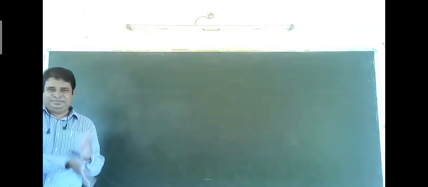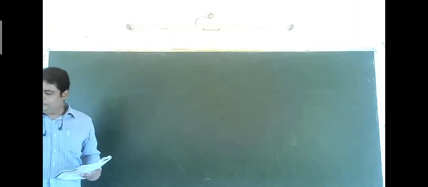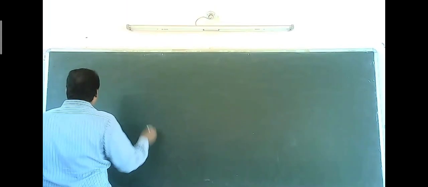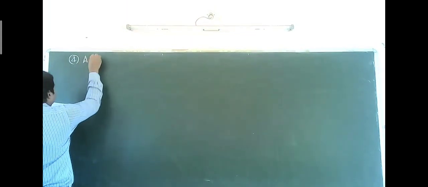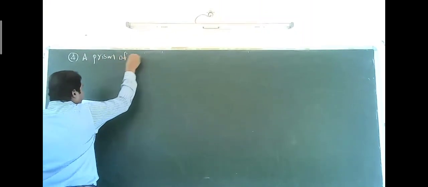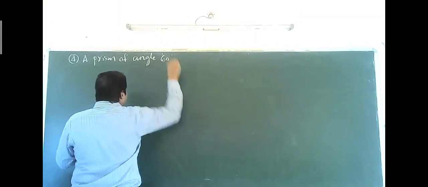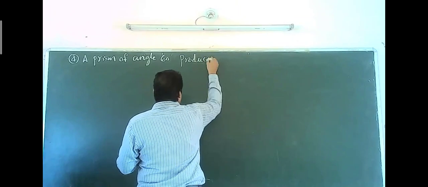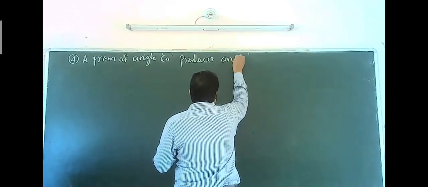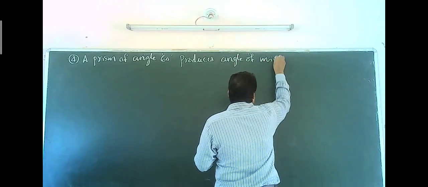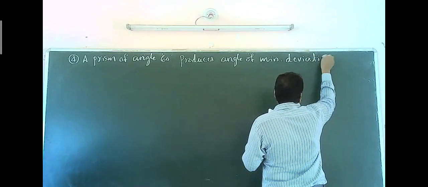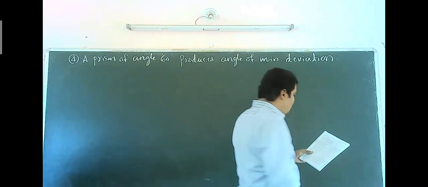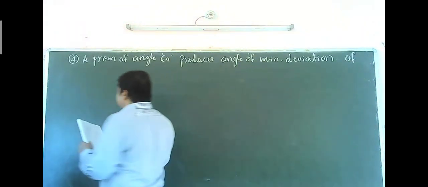Now, problem number 4. A prism of angle 60 degree produces an angle of minimum deviation of 40 degrees.